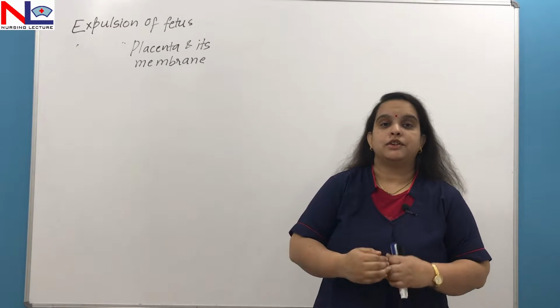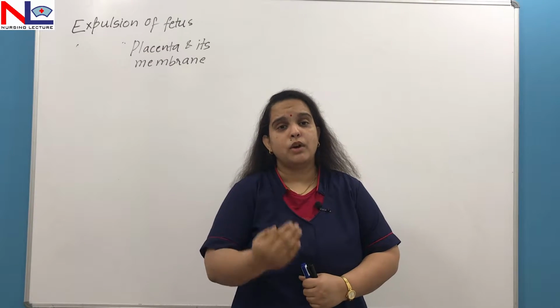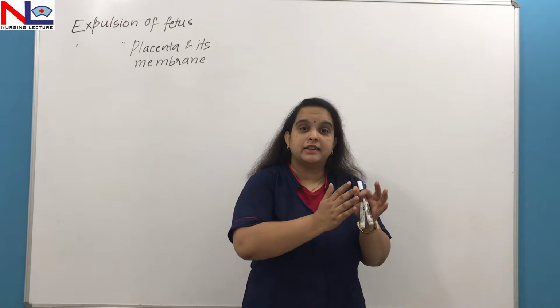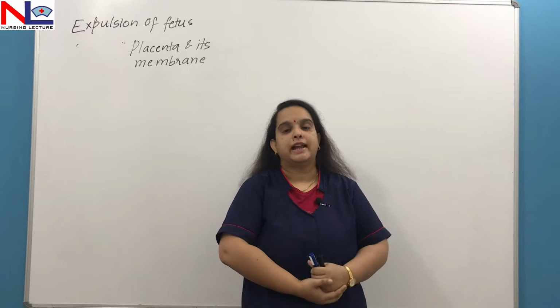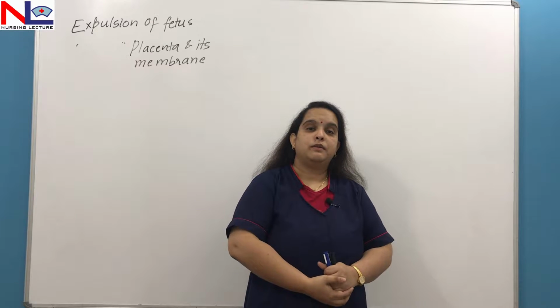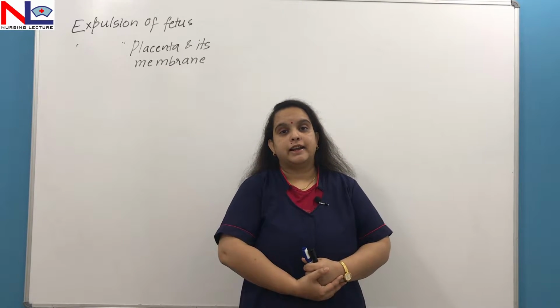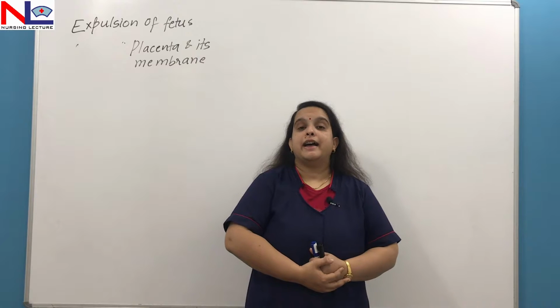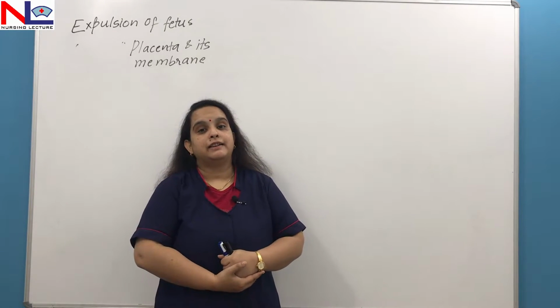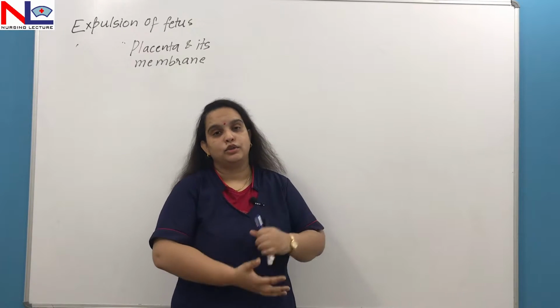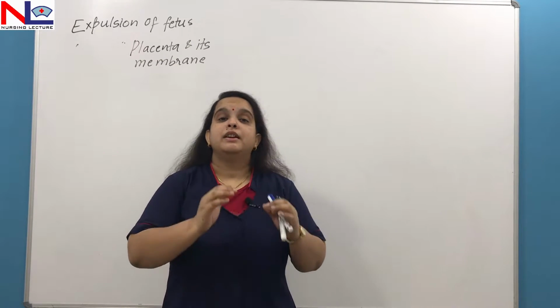So in this lecture we will discuss the plane of separation from where the placenta is going to separate from the decidual lining, what methods there are to separate the placenta, and how we can clinically monitor whether the placenta is going to separate or not, right?